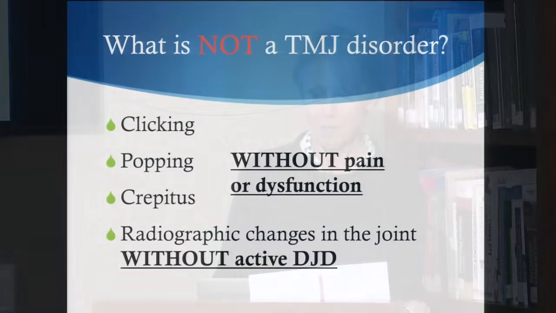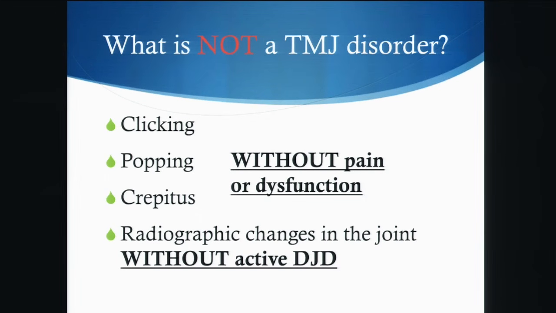So that leads us to what is not a TMJ disorder. And it's pretty obvious. If there is no pain, no dysfunction, dysfunction is if you're able to open your mouth wide, if you're able to chew without pain, you don't have a TMJ disorder. You may have noises, you may have joint noises, but you do not have, by definition, a TMJ disorder.